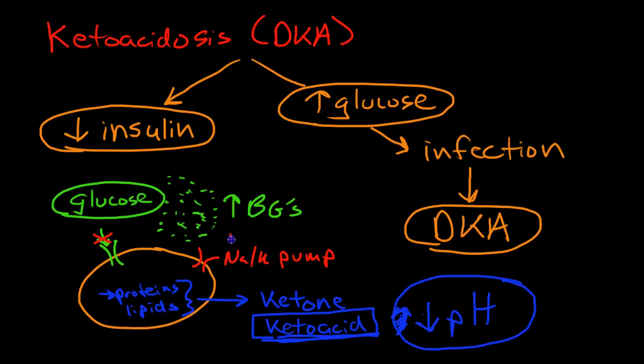Now this is interesting, what happens with potassium, because potassium is not pumped inside the cell, so what we end up with is intracellular hypokalemia. So it drops below its normal intracellular levels of about 140 milliequivalents down to maybe 110 milliequivalents. So if you add that up throughout all the body's cells, we lose a lot of potassium from our cells.